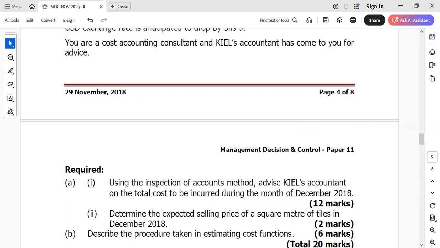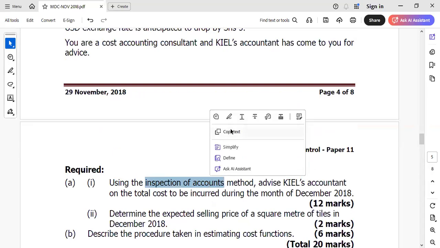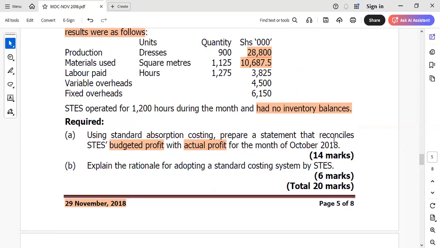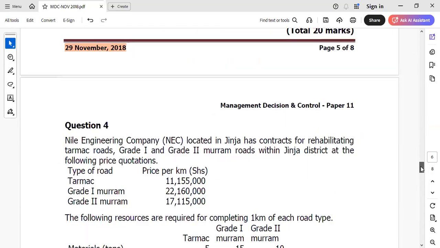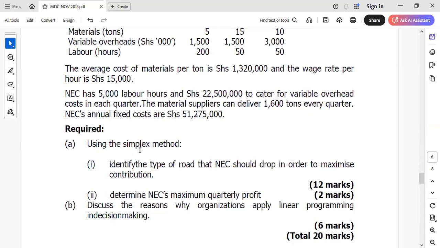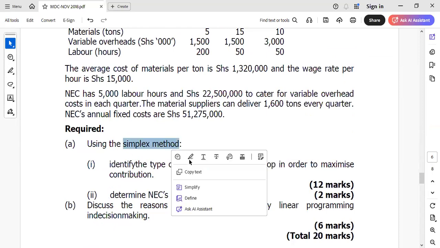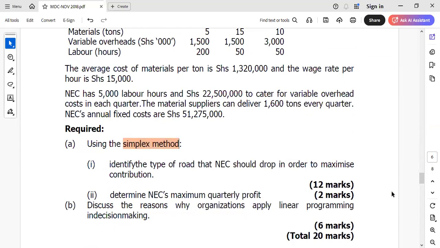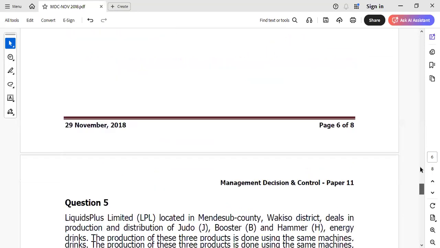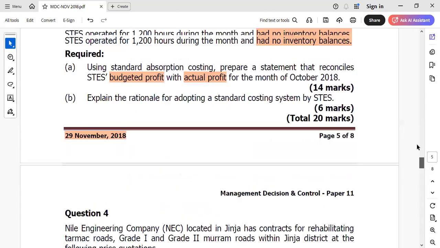You are using inspection method, you are preparing a reconciliation statement, you are using simplex method. Trust me, you are going to attempt these 3 numbers in section B.